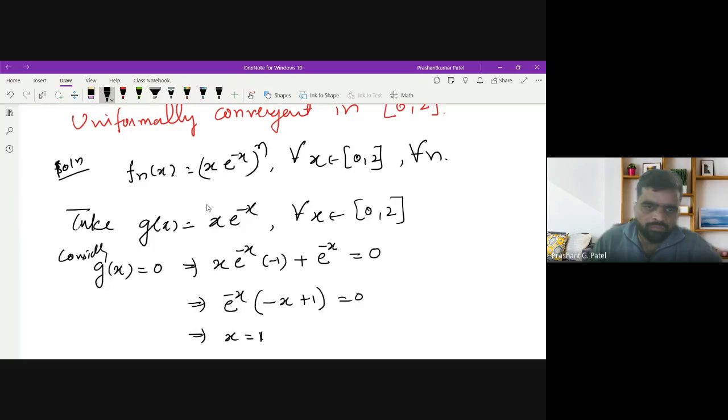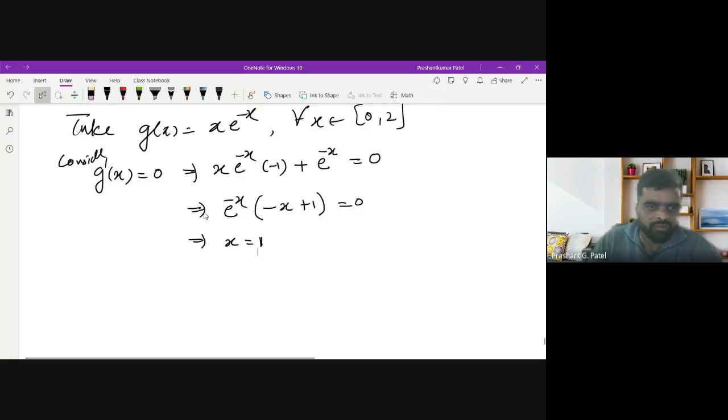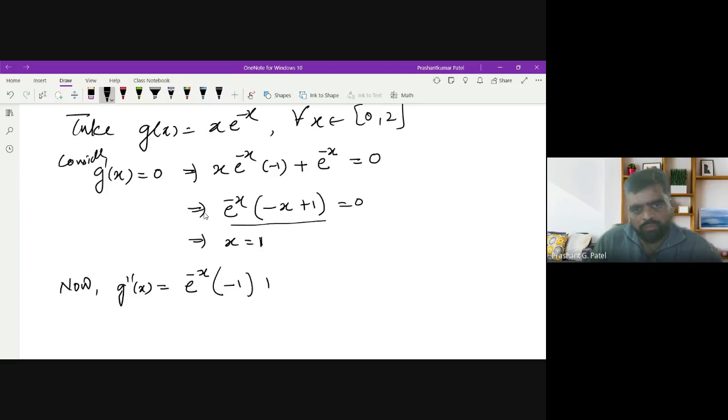Now to check whether x equal to 1 gives the maximum value or not, we have to see what g double dash of x is. G dash is this. To calculate g double dash, we take the derivative: e power minus x as it is, derivative of x minus 1 is minus 1, plus minus x plus 1 as it is, derivative of e power minus x is e power minus x into minus 1.